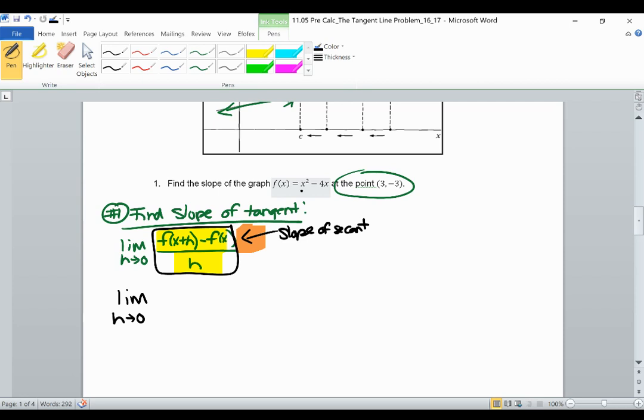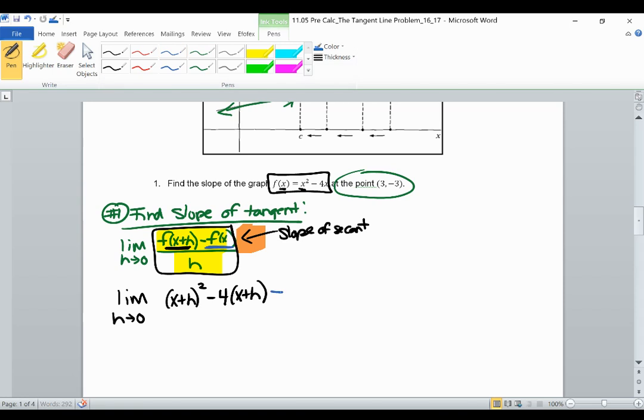So now we're going to find f of x plus h. So here's f of x. Everywhere I see an x, I'm going to replace it with x plus h. So I have so far x plus h for this x squared, minus 4 times x plus h. So that's my f of x plus h, this part right here, minus f of x.